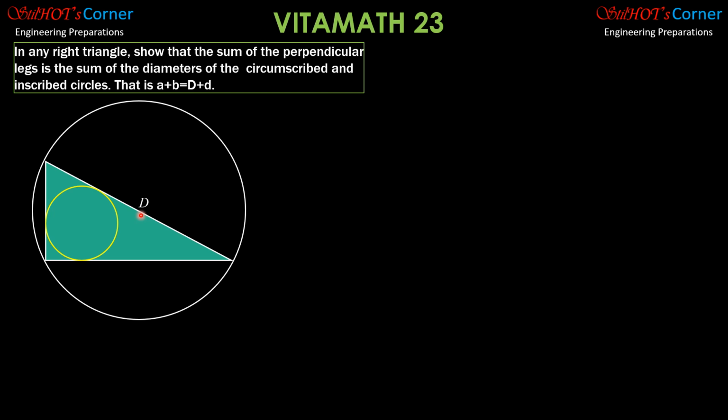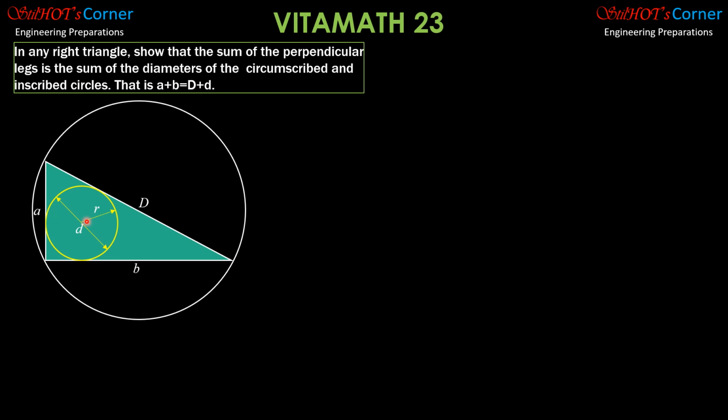So the other symbols would be, this leg here is a, and this one is b, and the diameter of the inscribed circle is small letter d, and the radius is small r.